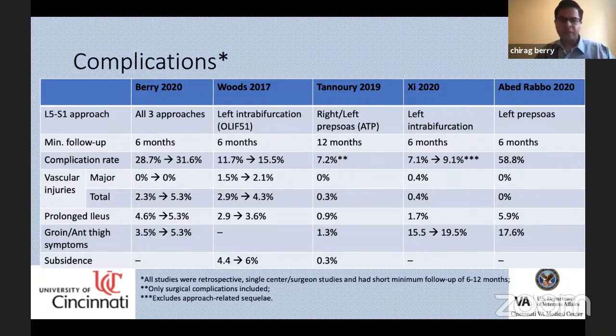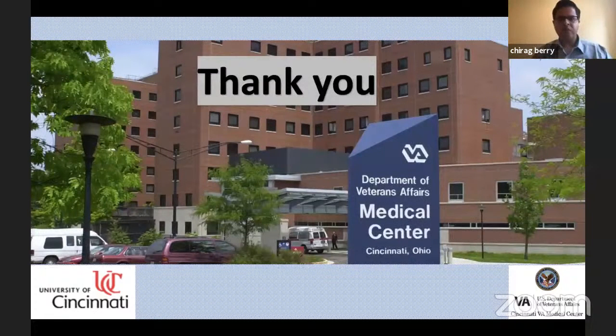But overall, if you're able to include L5S1 in OLIF and ATP, it makes the approach much more versatile, and you can include a lot more patients with this approach. So that's my talk on L5S1 OLIF. Thank you so much for listening.